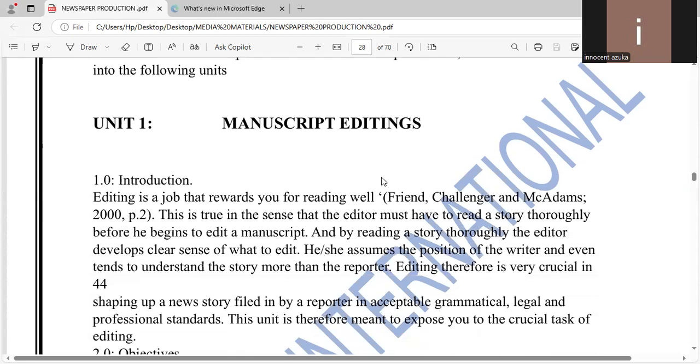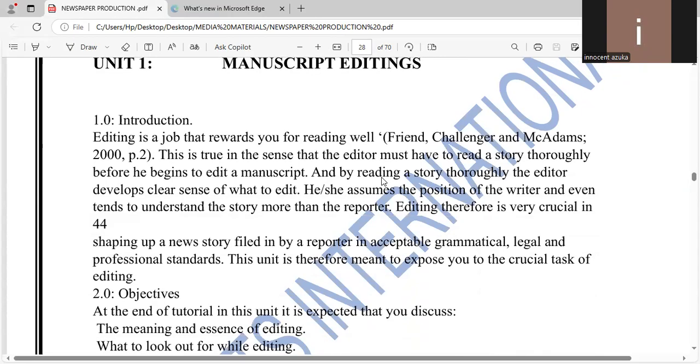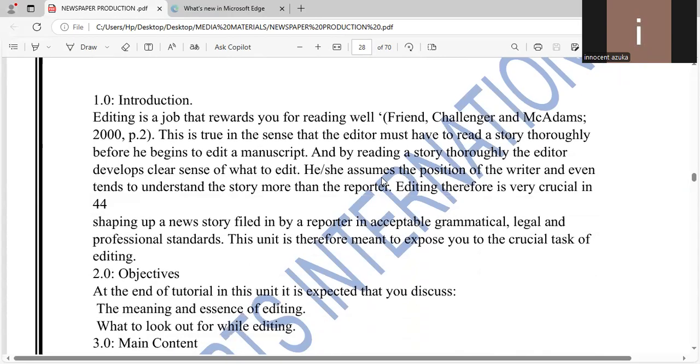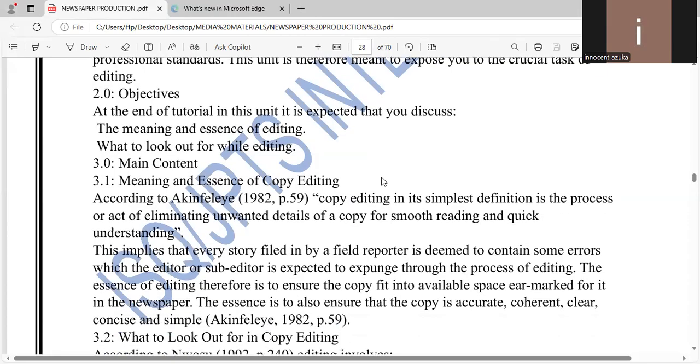When we talk about manuscript editing, editing is a job that rewards you for reading well. Yes, it's a big job. And we can't talk about this without talking about copy editing. So copy editing, in the simplest term, is a process of eliminating whatever the detail of copy from it, for quick understanding.